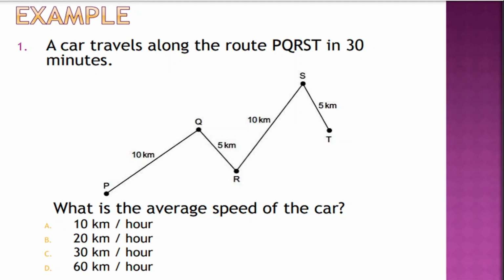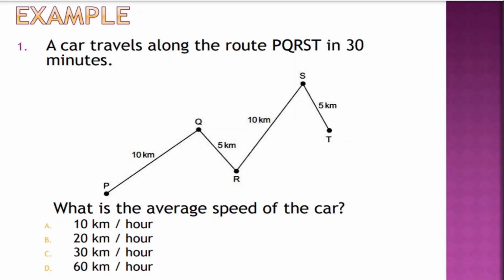So the time taken is 0.5 hour, and the total distance covered is 30 km. So 30 divided by 0.5 will give you 60 km per hour. So the average speed of the car is 60 km per hour. Adding all these four values gives us 30 km as the total distance covered, and the total time taken for the journey is 30 minutes.